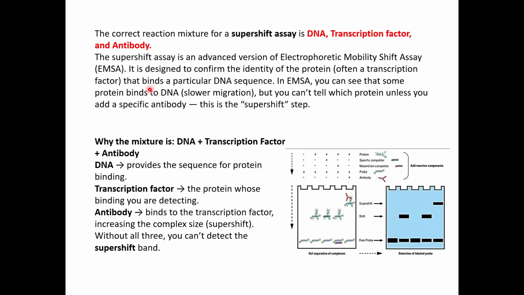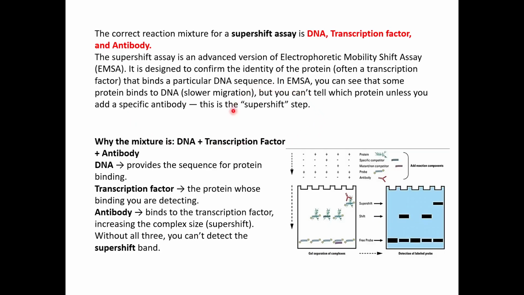But if you want to see the interaction of a protein with your DNA sequence or gene of interest, EMSA is generally used. In EMSA you can see that some protein binds to the DNA and it has slower migration, but you can't tell which protein unless you add a specific antibody.